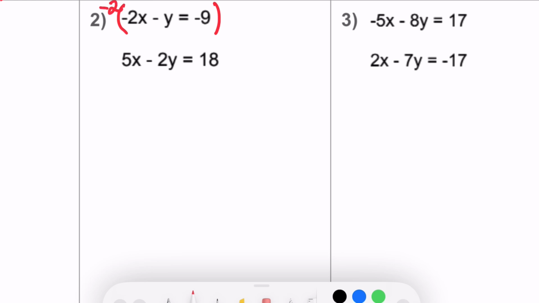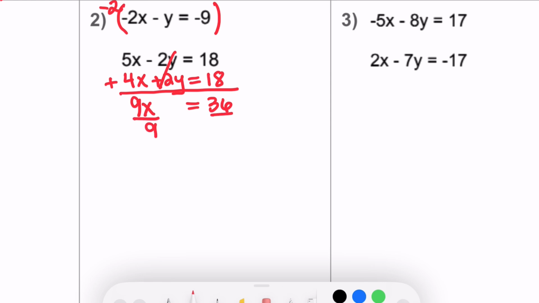And so now I have 4x plus 2y is equal to 18. Now I have my 0 pair, and I have 9x is equal to 36. Divide both sides by 9, and x is equal to 4.